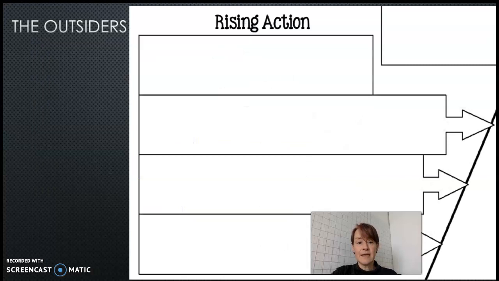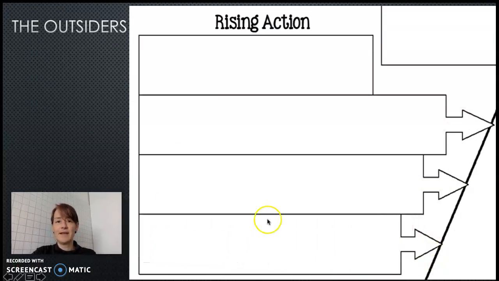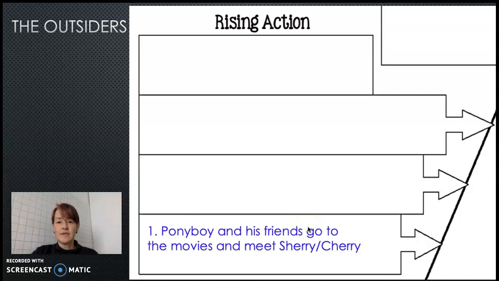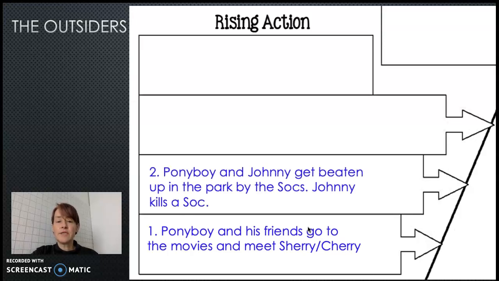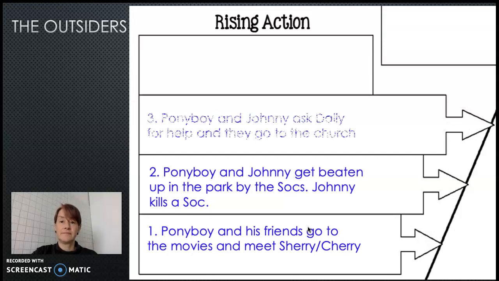Here we have the rising action. Again, I'm going to scoot over here. And the rising action I'm going to write from bottom to top. So the first thing is Ponyboy and his friends go to the movies and meet Cherry. Then after that, Ponyboy and Johnny get beaten up in the park by the socs, and Johnny kills a soc.